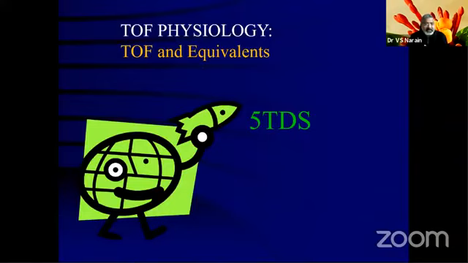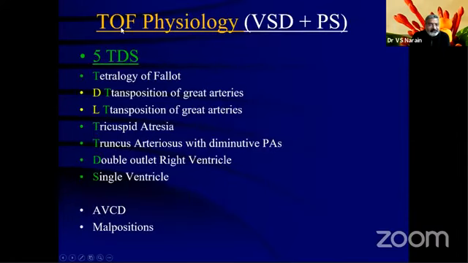Now, once we have made a diagnosis of tetralogy physiology, and we think this is a PS situation, and we will come to that subsequently also, we have to see the anatomical equivalents within the tetralogy, and for this I have made a mnemonic of 5 TDs.